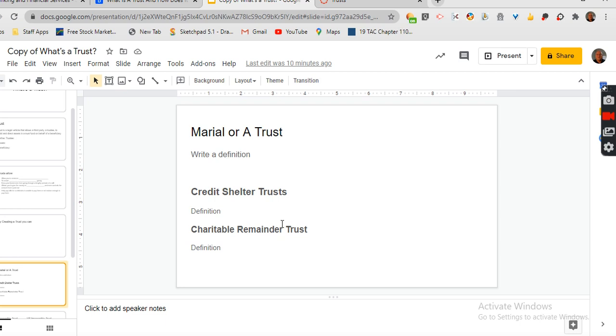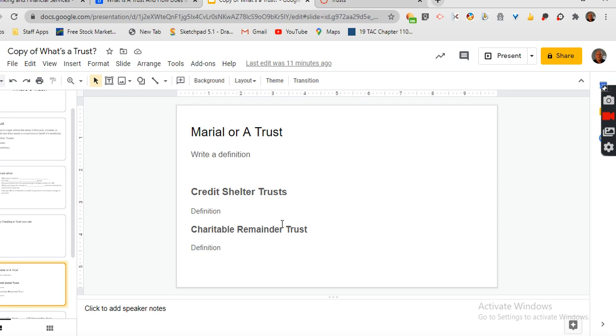All right. Our next one is a couple of types of trust. Our first, most common type of trust is a marital trust. Sorry about that. A marital trust is if I set up a trust that my wife and I are going to benefit from.